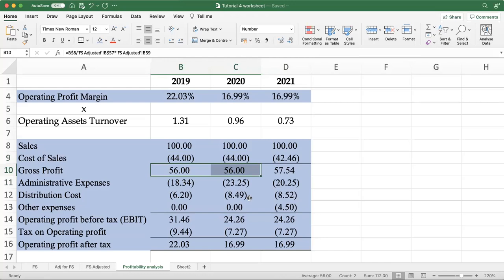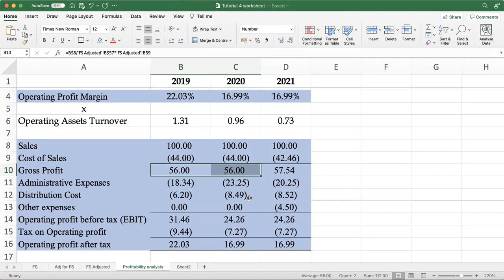The meaning is the company had the same gross profit margin in both 2019 and 20. So gross profit values are the same.